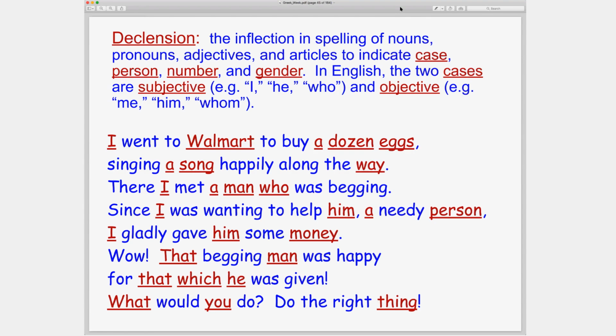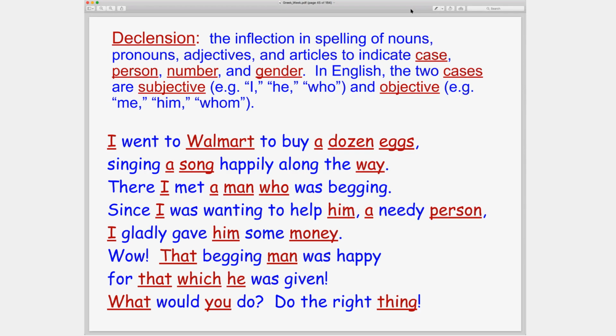Declension. Remember, we talked about conjugation of verbs. Declension is the inflection in the spelling of nouns, pronouns, adjectives, and articles to indicate case, person, number, and gender. In English, the two cases are subjective and objective.